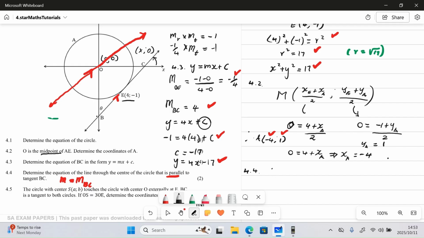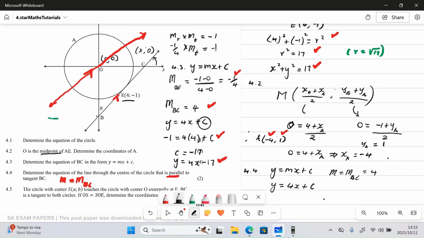So the equation is y equals mx plus c. The gradient of that line is equal to the gradient of BC, which is 4. Remember? Then we're going to have 4x plus c.